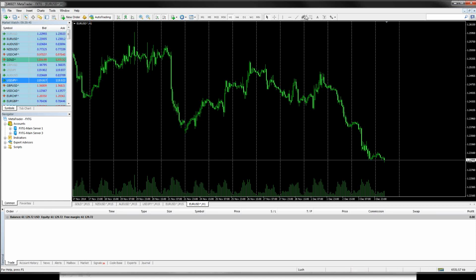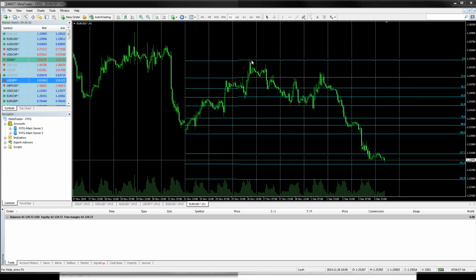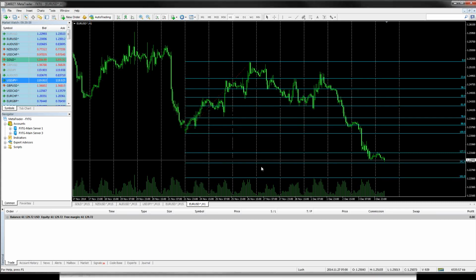There's the tool here, Fibonacci Retracement, and you draw from the bottom to the top, and that will show you the levels of where the market is most likely going to be heading and coming back. So the top of the level is 0 and the bottom of the level is 100. Okay.